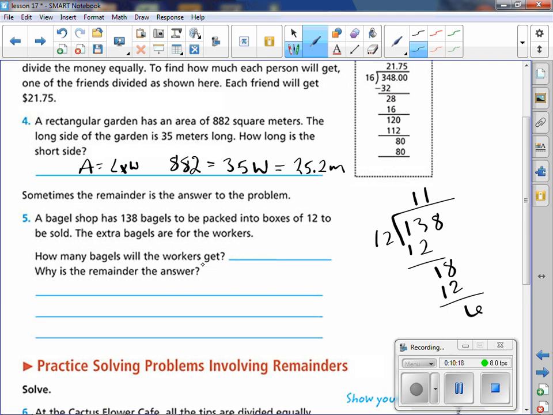So it asks how many bagels will the workers get? They get the remainder. They get 6. So 6 bagels. The workers get the extra, right? So that's what's left after they've packed up.